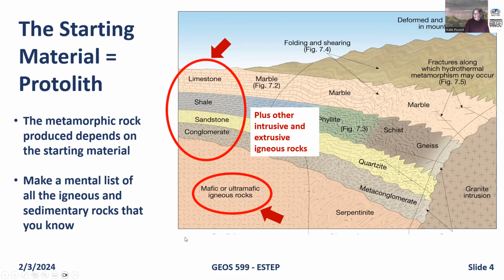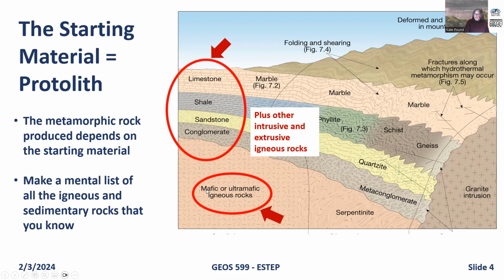Now we can take a shift over to the right to look at this diagram here. It's effectively a cross-section, a vertical slice. And in red, I've highlighted some different protoliths. We're just going to focus on the left-hand side of the diagram at the moment.